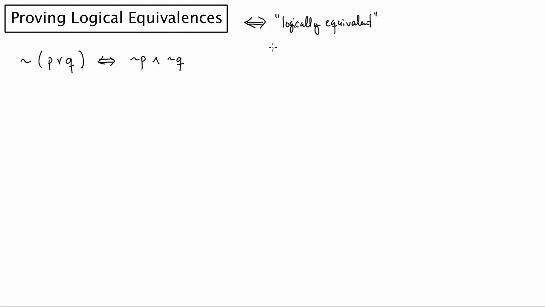Well, logically equivalent means that both statements have the same truth values in all cases. And so the easiest way to do this is by constructing a truth table for each statement and then looking and seeing if the truth table line by line matches up.